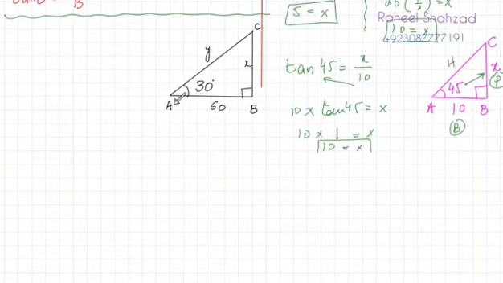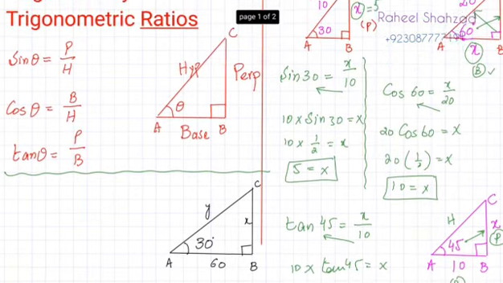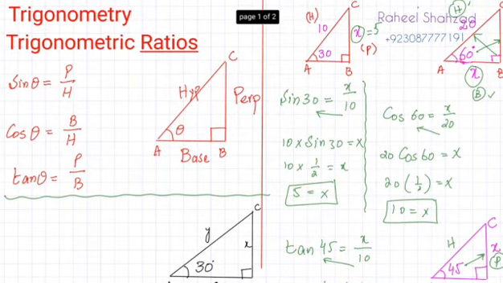In this question we have A, B and C. This is a right angle triangle again. Now this is 30 degrees given, and this is the base; hypotenuse and perpendicular are missing. For students who are simply starting this topic, I would suggest that you write sine, cos and tan on the side of the page.